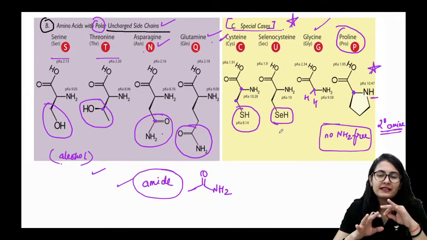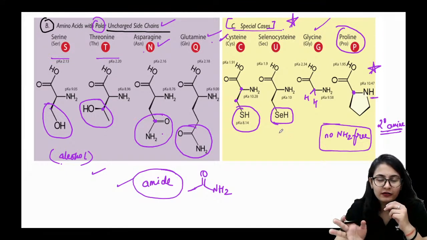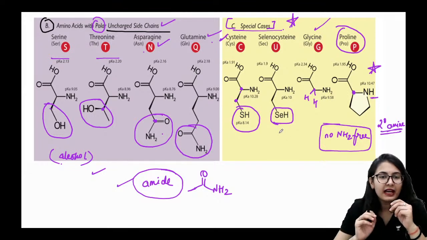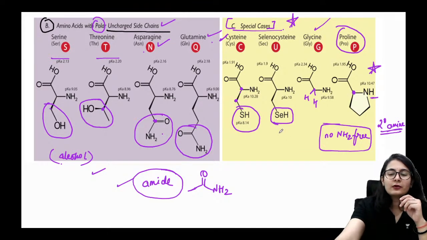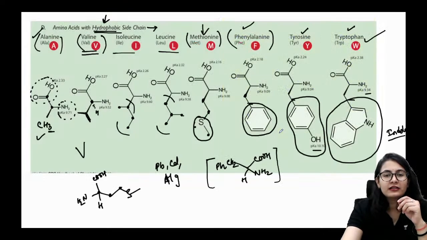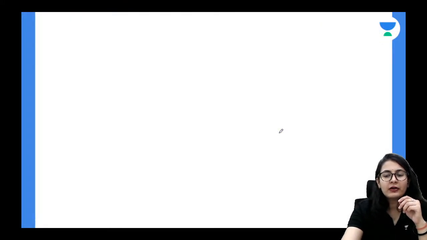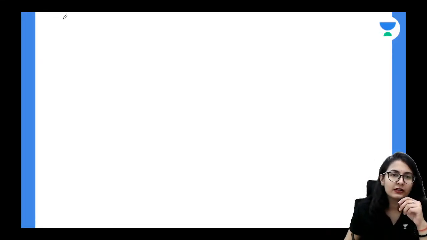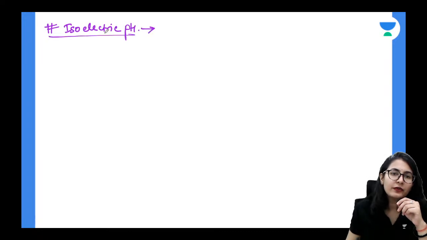चलो. So basically we have classified all of them. अब हम देखेंगे isoelectric pH. You have to do some calculations. So yes, let me just tell you the idea about the isoelectric pH. थोड़ा सा calculate करेंगे. Yes guys, how to find out the isoelectric pH of any amino acid?